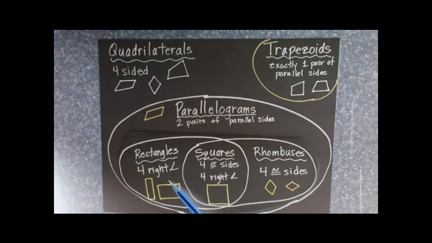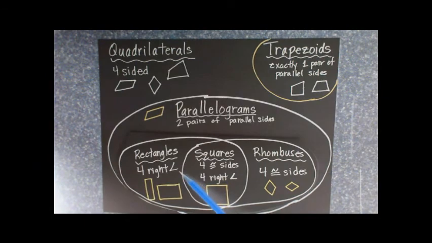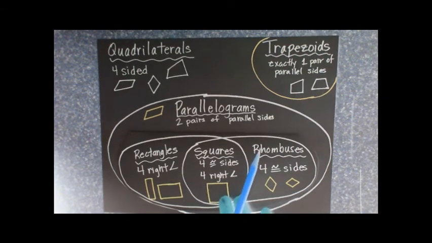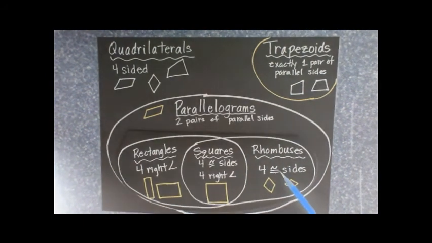Rectangles have four right angles. Squares have four congruent sides and four right angles, so a square can be a rectangle. A rhombus has four congruent sides, so a square could also be a rhombus, but the rhombus does not have to have right angles.